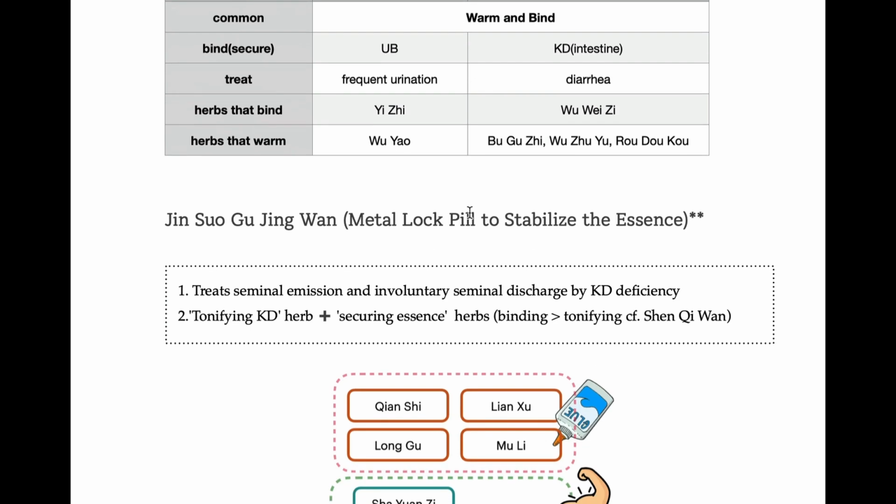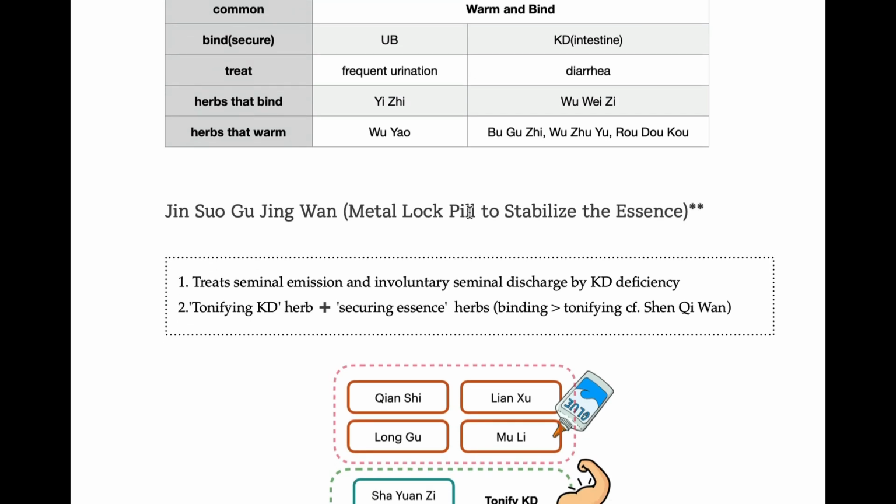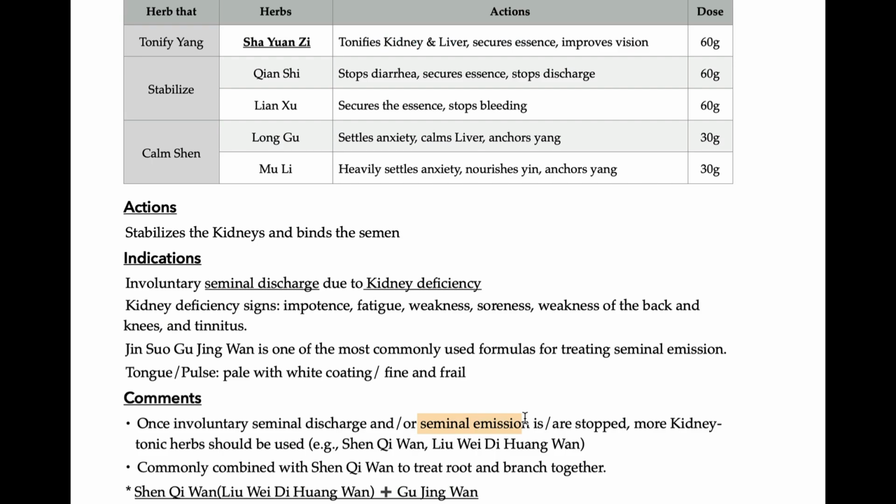And Jinsuo Gujing Wan. There are some formulas for stabilizing menses and the essence, sperm. And this is for sperm, securing essence, emission. And this is for deficiency.